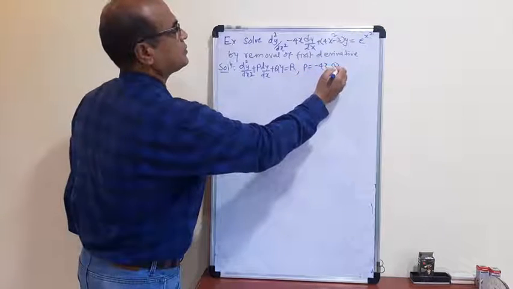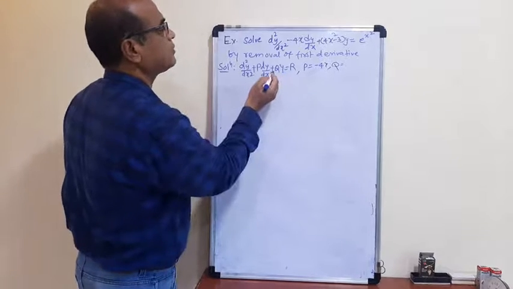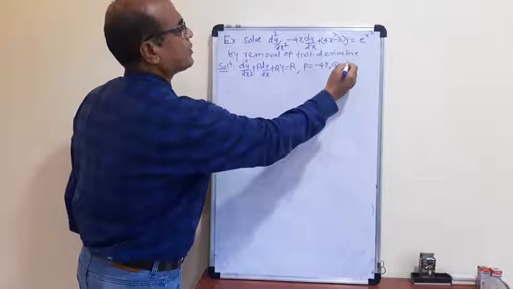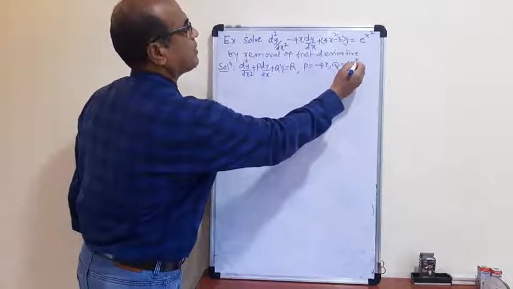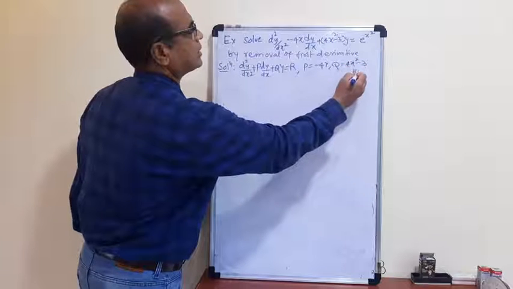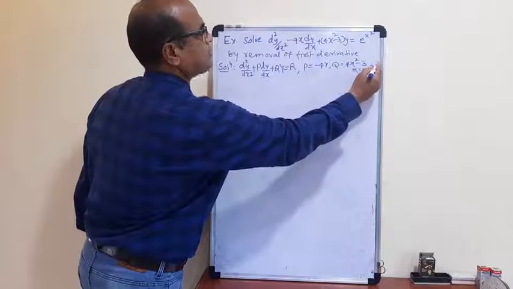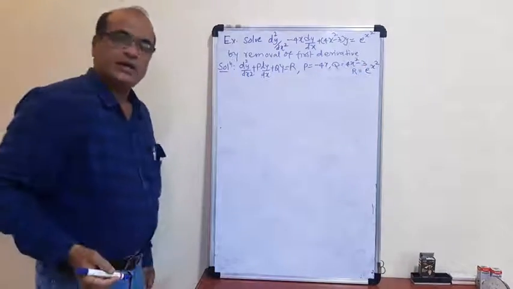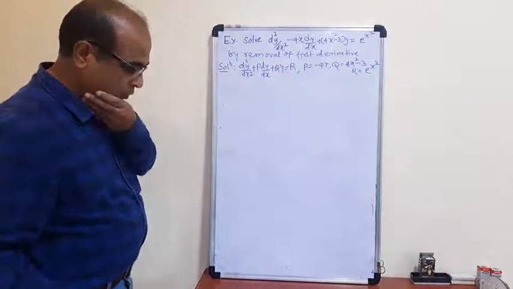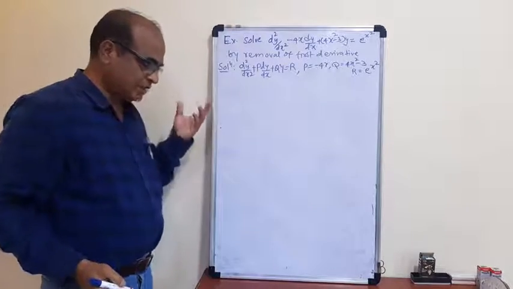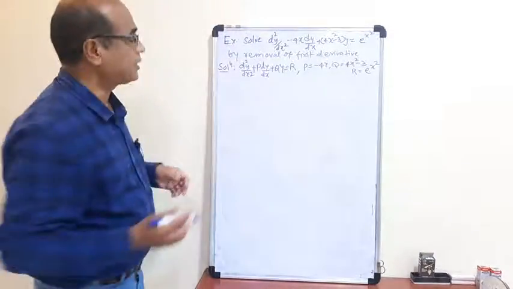What is q? q is the coefficient of y, 4x square minus 3. And what is r? r is e raised to x square.